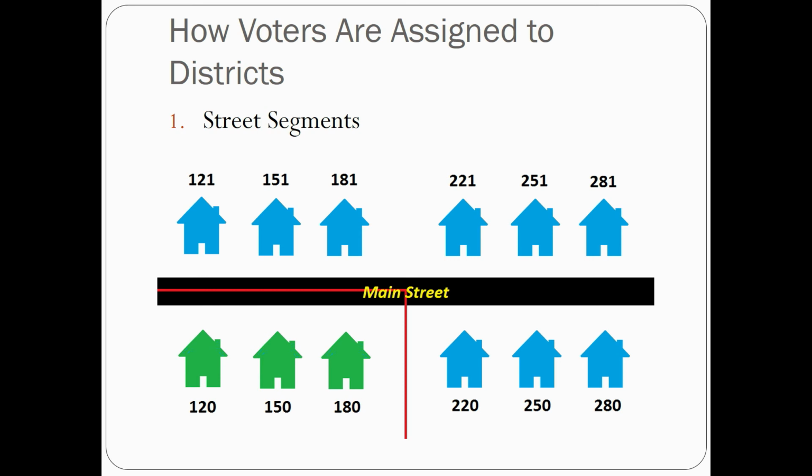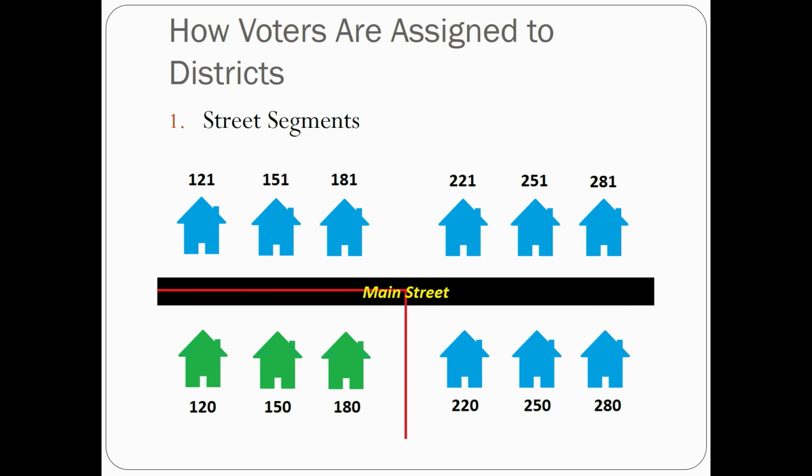And so here's an example where we have a district that goes down Main Street in the first 100 to 200 block, and then it cuts the 200 block on maybe the south side there, and you would have a file that would tell you that 100 to 198, because that would be the even side of the street, belongs in District 1.